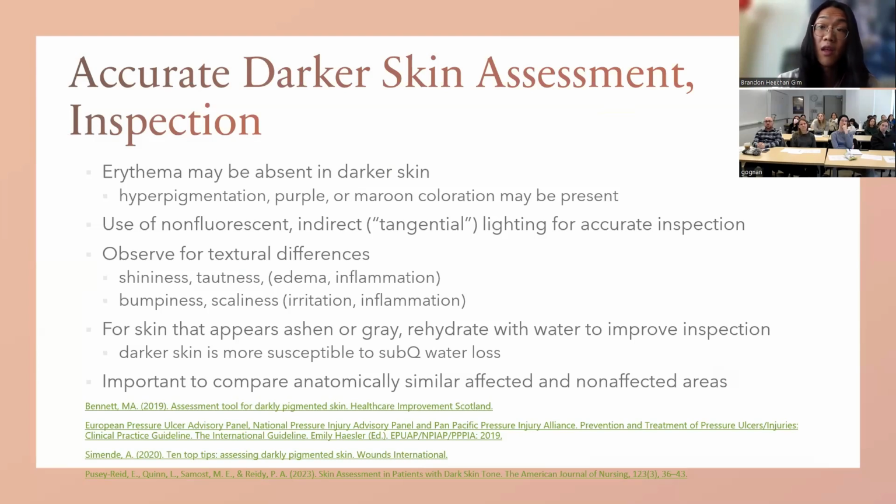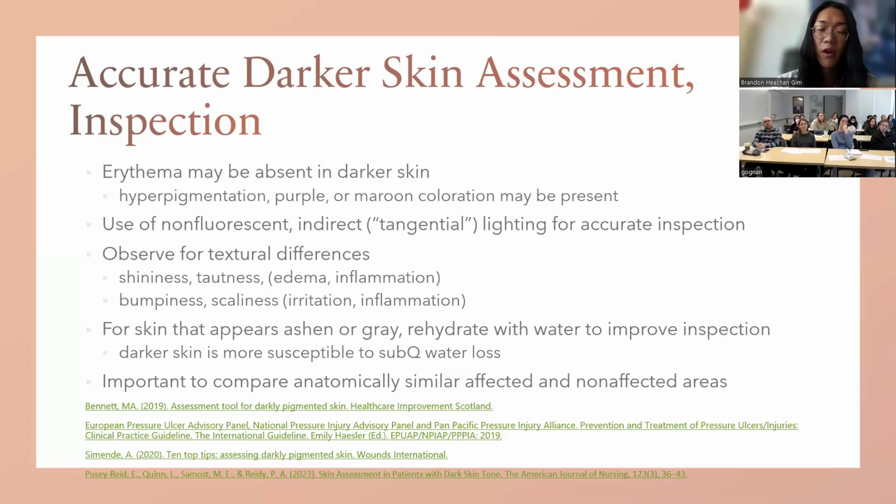The reason being that we can see stuff like shininess, tautness, which could be a sign of edema or inflammation, bumpiness and scaliness, which could be a sign of irritation or inflammation. And for skin that appears ashen or gray, we want to rehydrate that with water to improve inspection, as folks with darker skin are actually more susceptible to sub-Q water loss than folks with lighter skin tones.